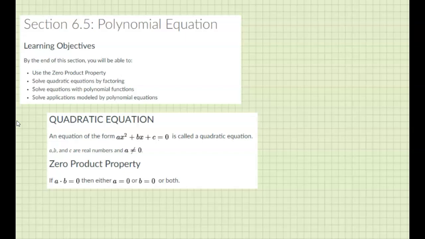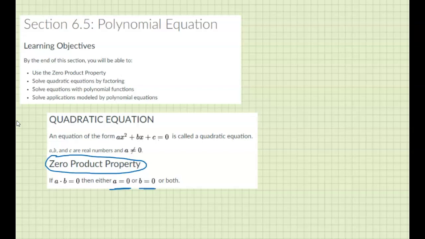So when we solve these, most of the time we want to have all the terms on one side equal to 0. And then there's this lovely property called the zero product property that says that if two numbers are multiplied together, a times b equals 0, that's only possible if either the first number equal to 0 or the second number equal to 0 or both.